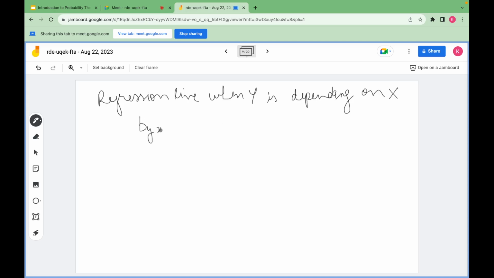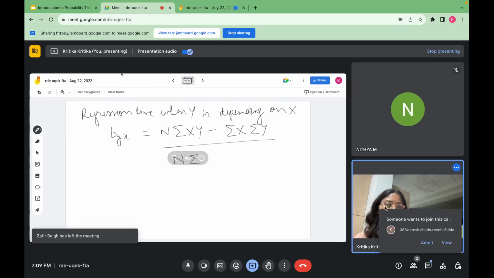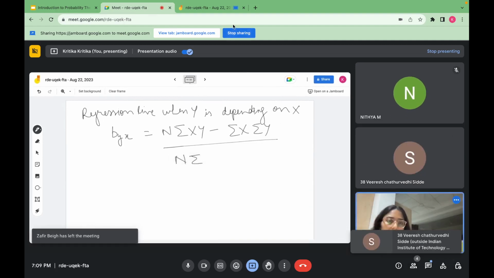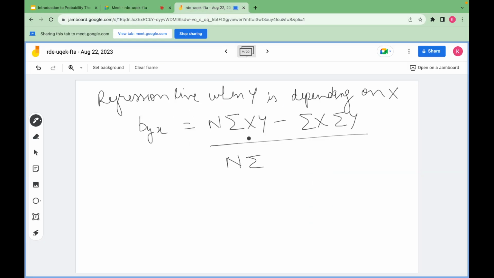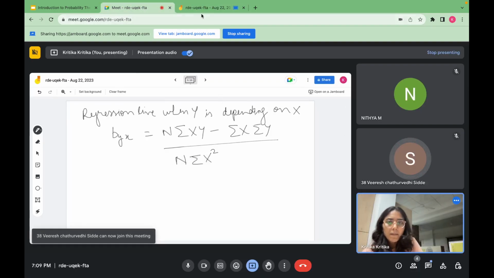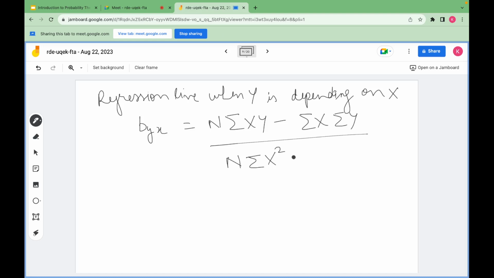So this byx will be n sigma xy minus sigma x sigma y, divided by n summation x square minus summation x whole square.